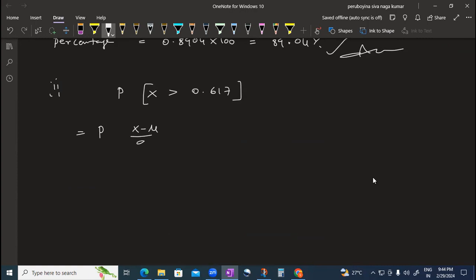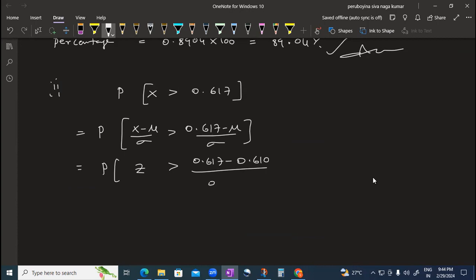X minus mu by sigma is greater than 0.617 minus mu by sigma. That is equal to probability of g greater than 0.617 minus 0.610 by 0.0025. That is equal to probability of g greater than, if you subtract, 0.007 divided by 0.0025.